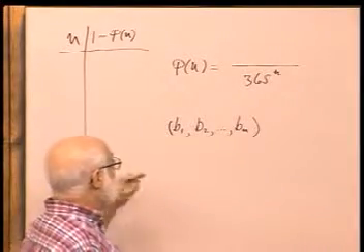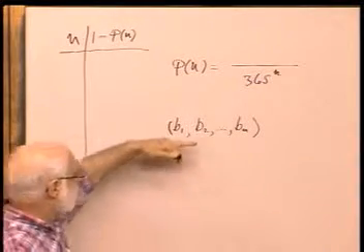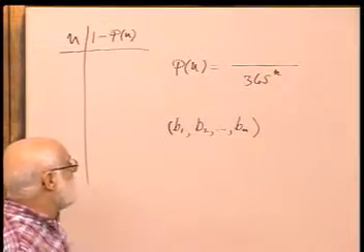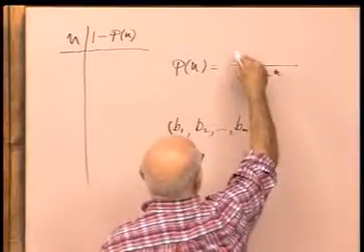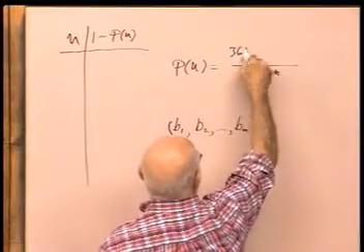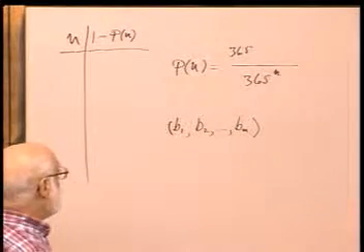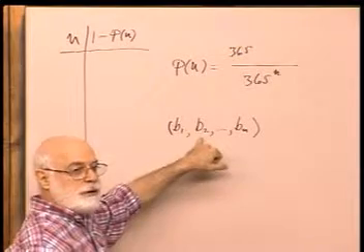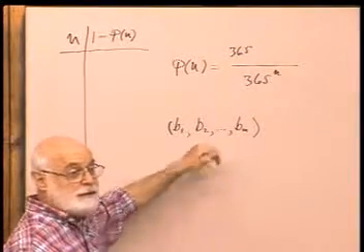Okay, so now, again, I apply the same counting principle. I'm going to imagine that these zillion points are listed down, and there are 365 choices for the first person's birthday. So there are 365 numbers I can put in for B1. But once I do that, there are only 364 choices for B2 if they're to be different.